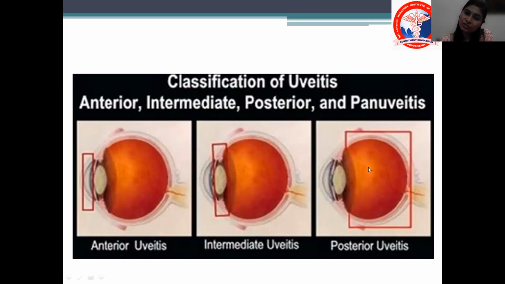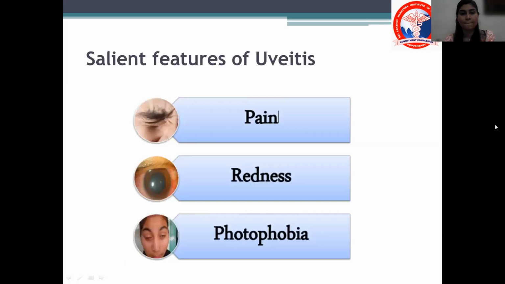When all 3 structures are involved, it is called panuveitis. And these are the 3 main features with which a patient of uveitis comes to the OPD. The main symptoms are pain, redness, and photophobia.